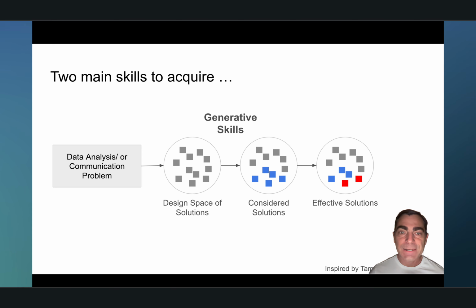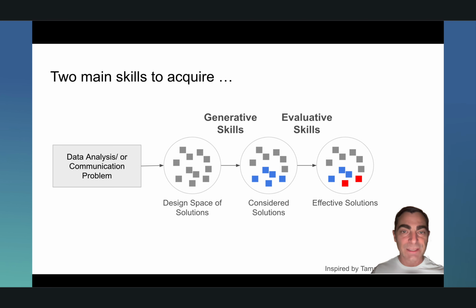Now the second skill that you have to develop is evaluative skills. Out of those ones that you've been able to think about, you will have to decide which ones are effective. So what I really like to tell students is that they have to develop these two main skills, being able to generate a lot of solutions and then being able to evaluate them.